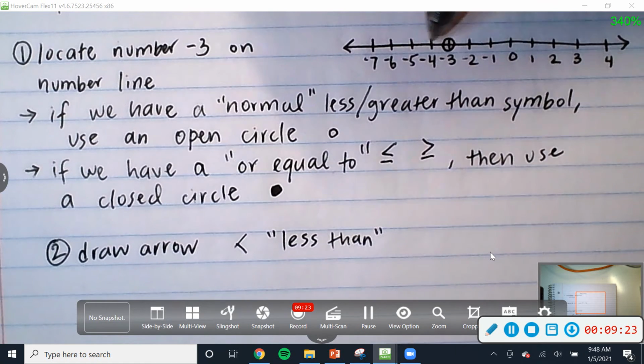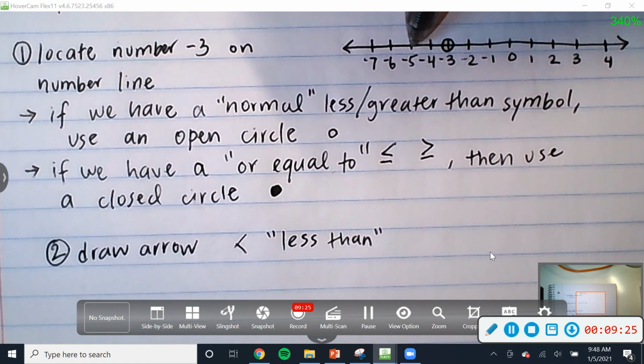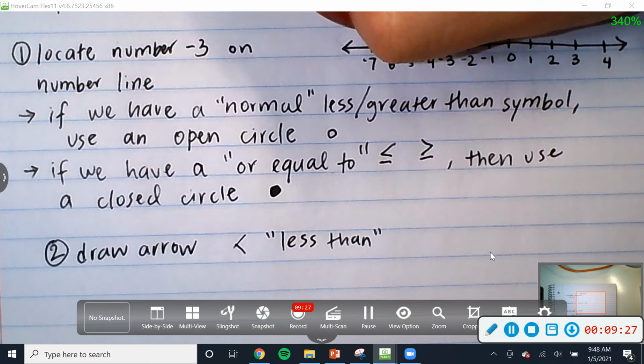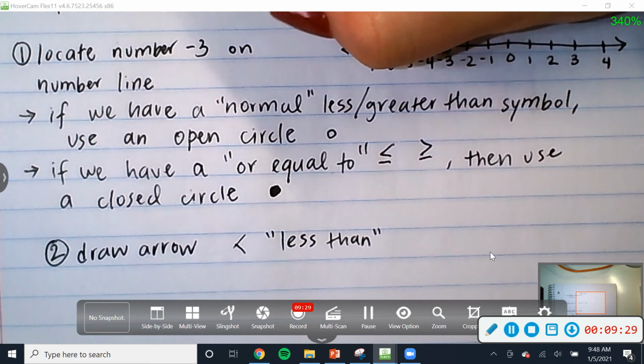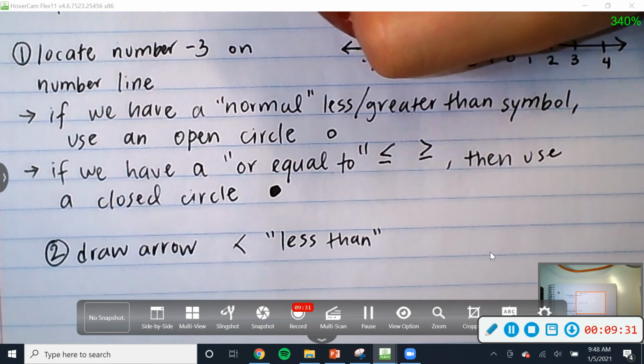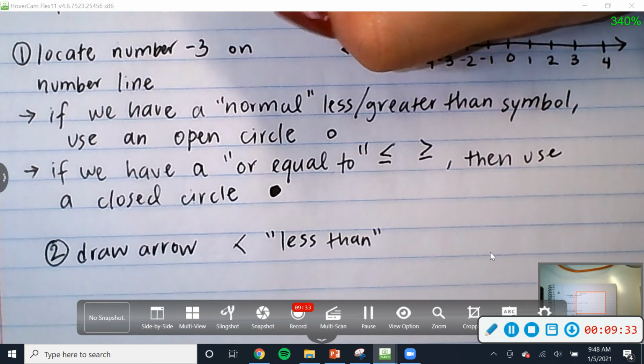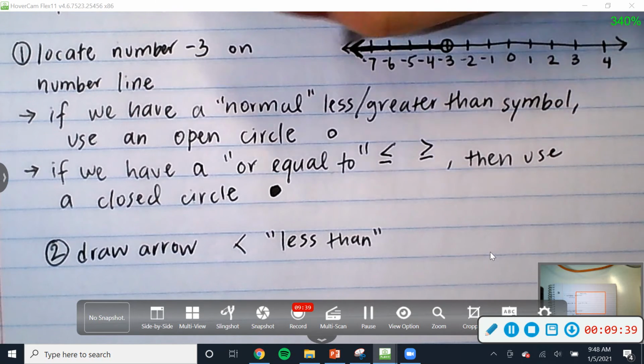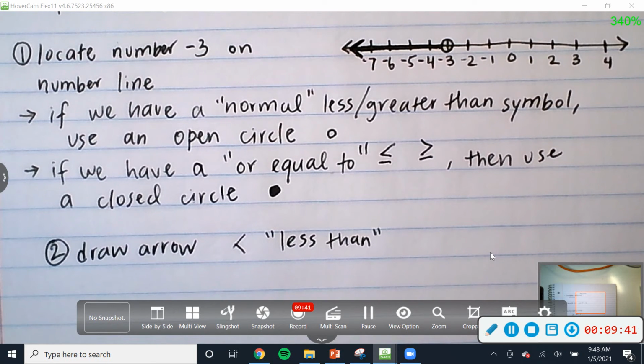So less than negative 3 would be these numbers, negative 4, negative 5, negative 6. So we want to draw an arrow here from our little circle to show that we need to include all of these numbers that are less than negative 3. So I draw an arrow towards the numbers that are less than negative 3.